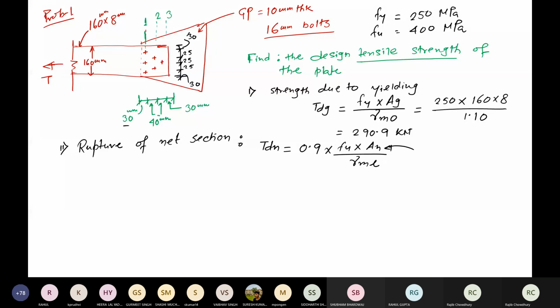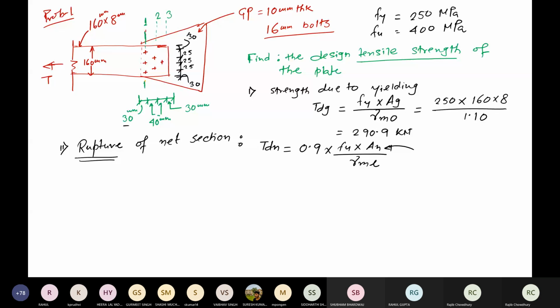The fact is, here we are talking about the rupture, so we have to ensure that we are considering the proper failure plane. Proper failure plane means how many failure planes can happen over here? This is 1, this is 2, this is 3.